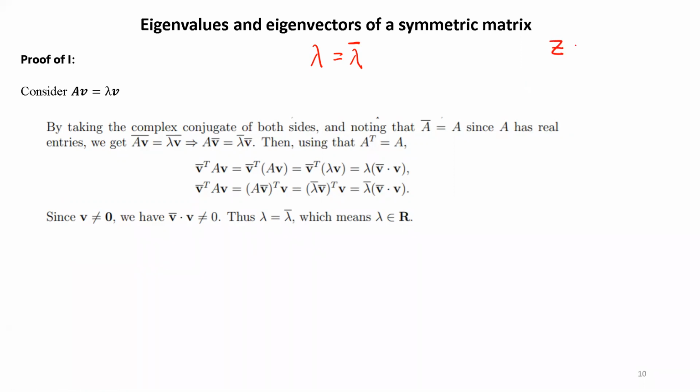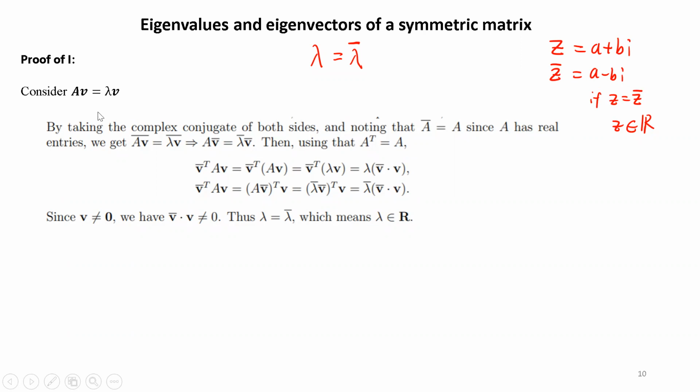I hope you have probably learned this: if z is the complex number a plus bi, then the complex conjugate of z is a minus bi. That's why if z is equal to z conjugate, then z is a real number. Let's see how to prove it.